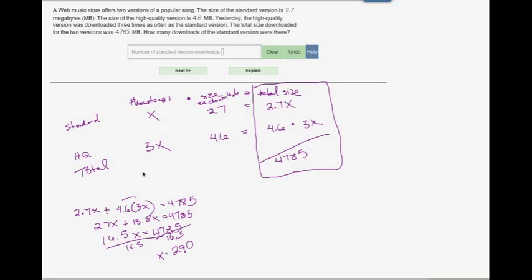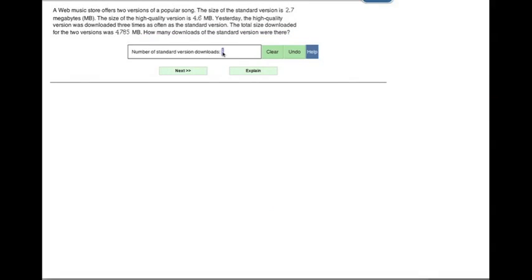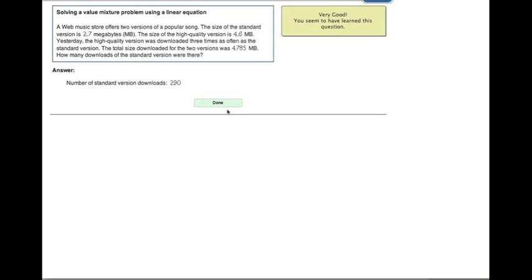All right. Looking back at our table, we see that x stands for the number of standard downloads. There were 290 standard downloads. That's what the question is asking for, 290. Yay.